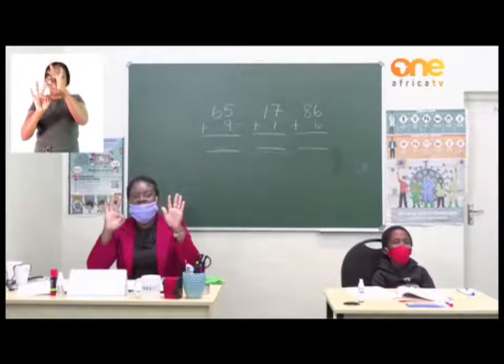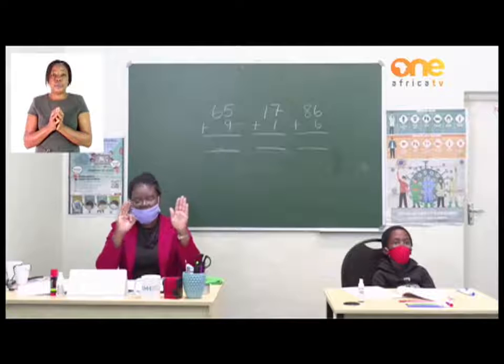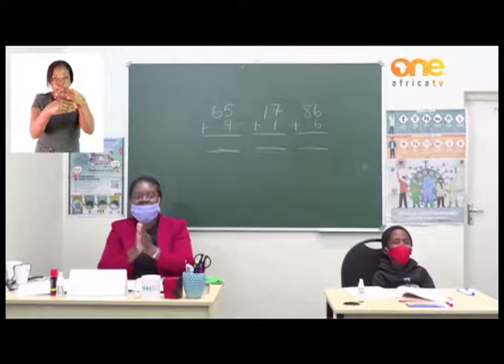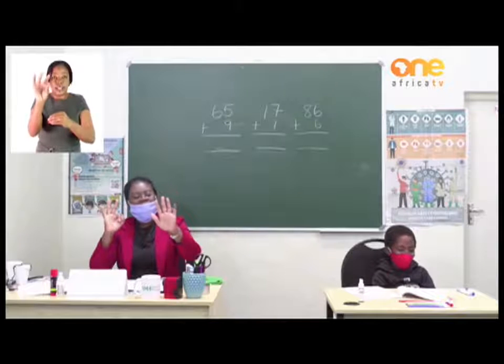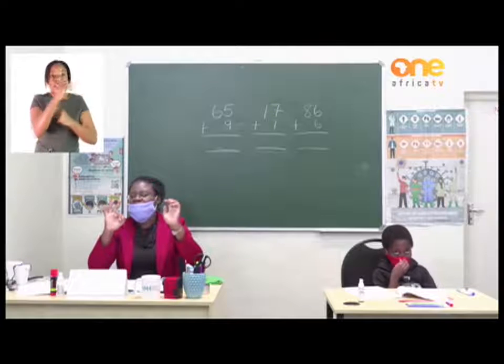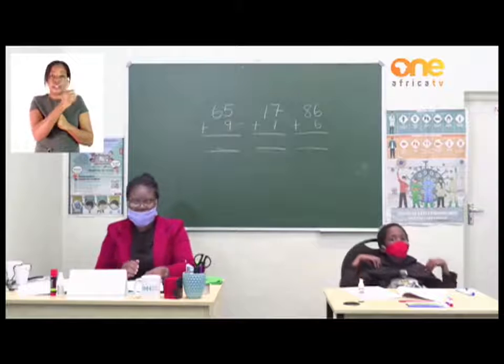So if you already have a 10, you just put an 8 on top of the 10 to get the final answer. That will be 10 plus 8. Then we'll say 10, 11, 12, 13, 14, 15, 16, 17, 18. So our answer is 18.